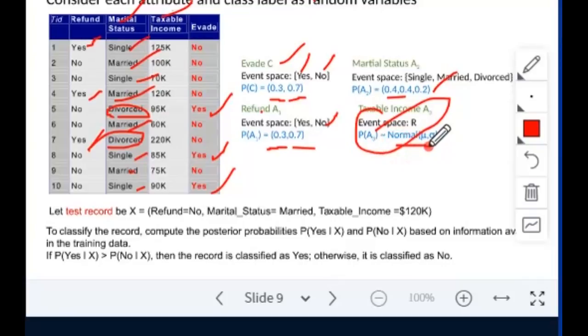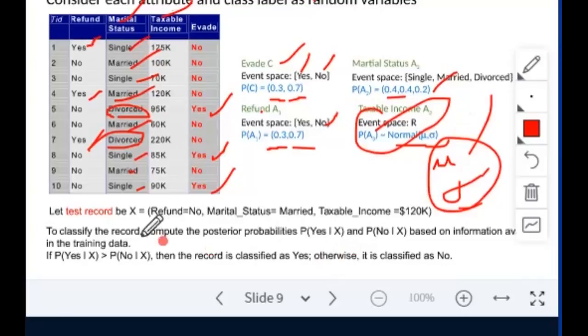We have to use the normal distribution, using mean and variance. Here the mean and variance are given. In the coming slides, I'll show you the formula, the equation for that.